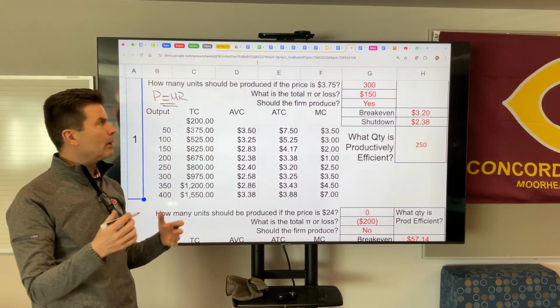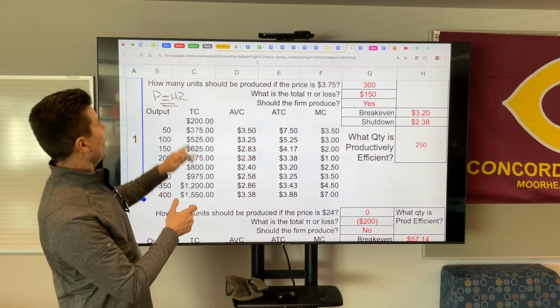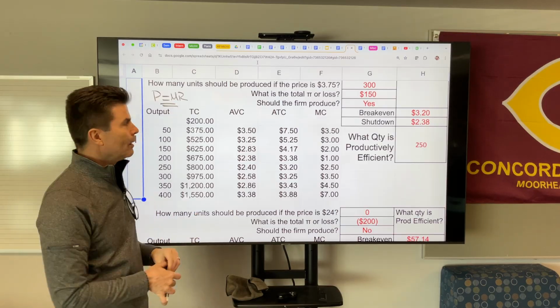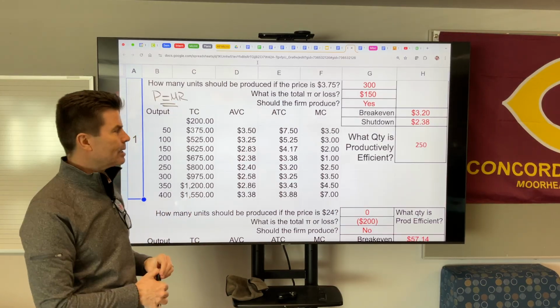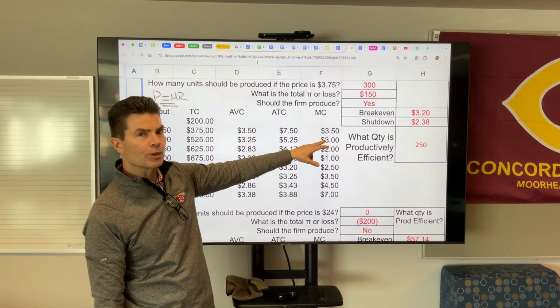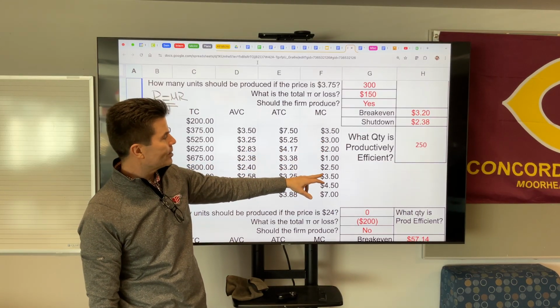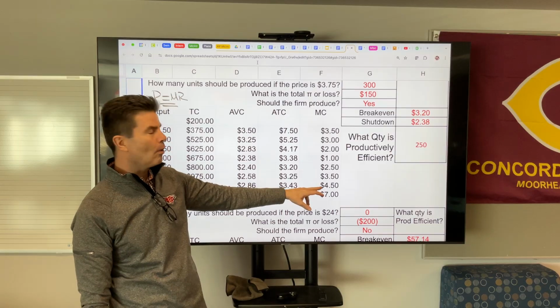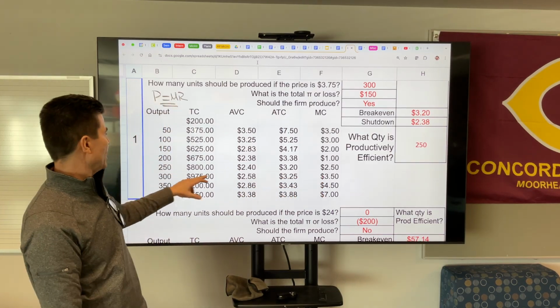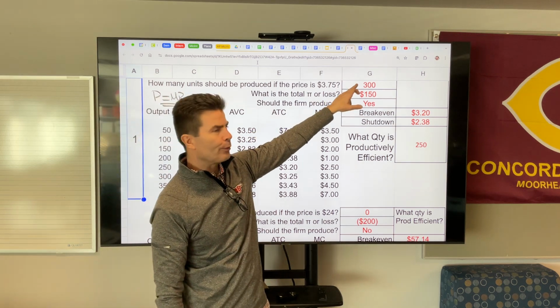Now if I want to find the actual output, when it says how many units should be produced, I want to find the profit maximizing output, and that's where MR equals MC. So remember before, we take $3.75, go down the marginal cost until the first marginal cost is more than $3.75, and go up 1, which tells us that we have a quantity of 300.